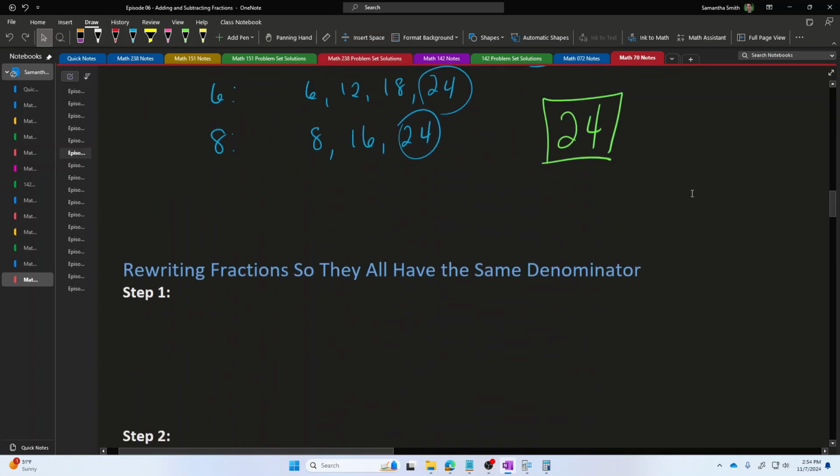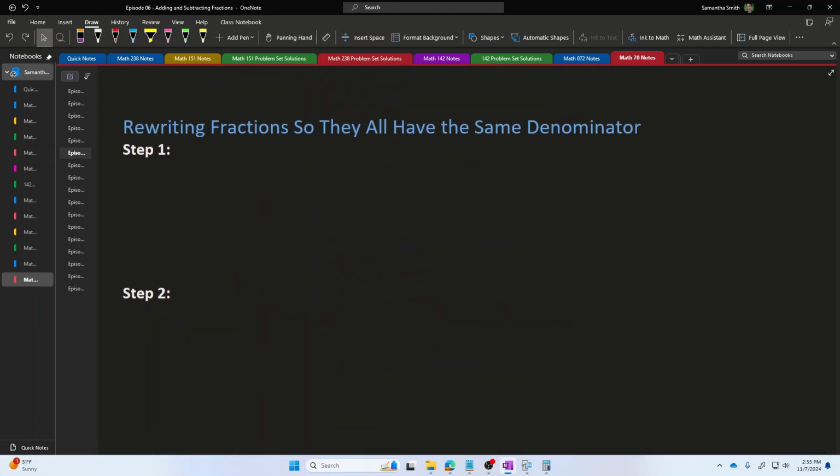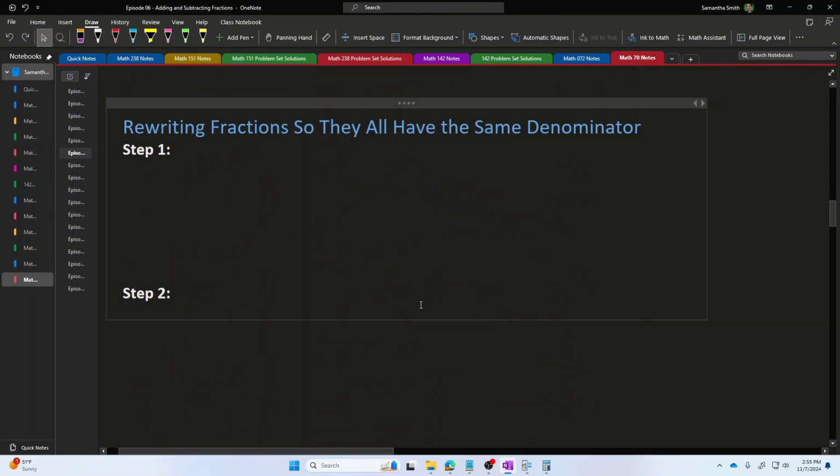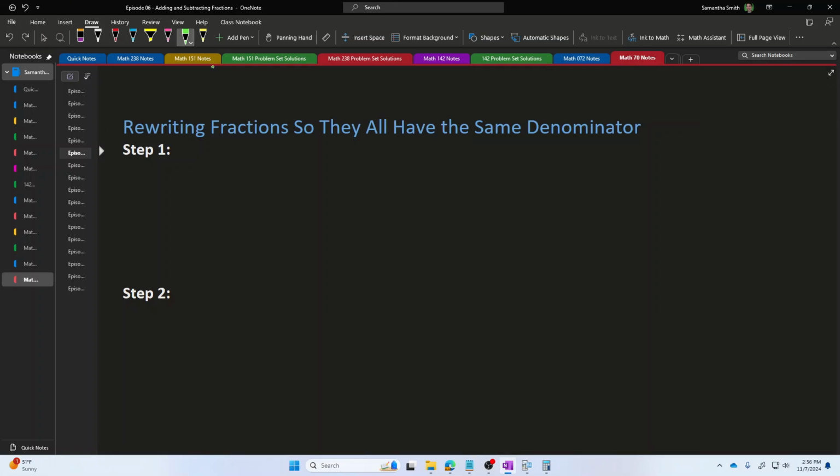The least common multiple is going to help us to efficiently rewrite fractions so that they all have the same denominator. Step number one, if you have two or more fractions and you want to rewrite them so they have the same denominator, the first thing that you can do is find the least common multiple of each of those fractions' denominators.